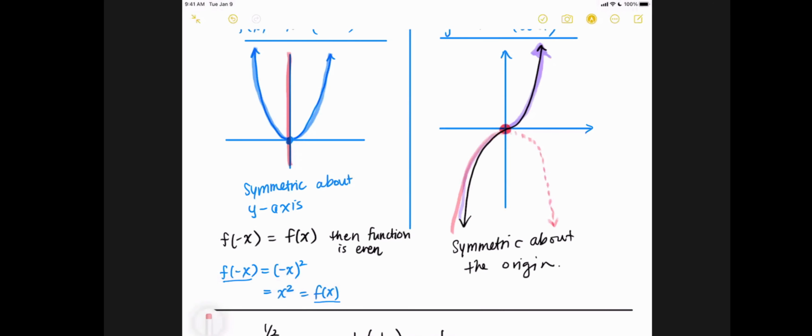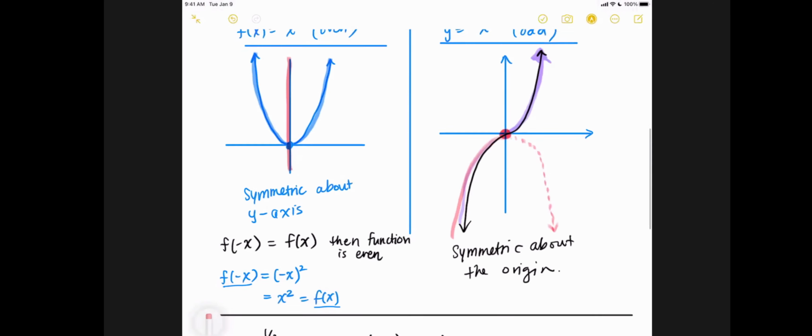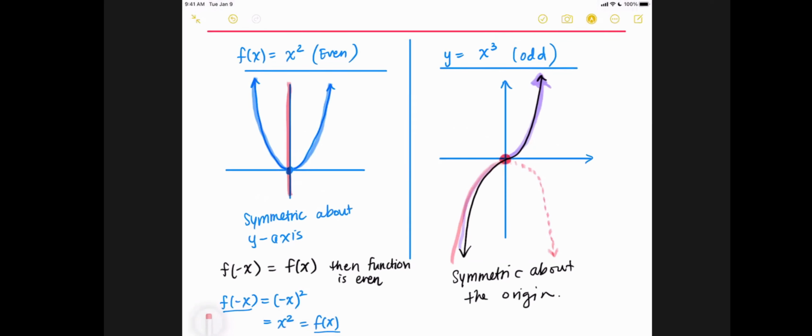All right. And so for the property of the odd functions, the famous odd function in algebra would be the x cubed function, right? And x cubed looks like this, this one that's highlighted, that's in quadrants 1 and 3. The symmetry for odd functions is that it's symmetric about the origin.